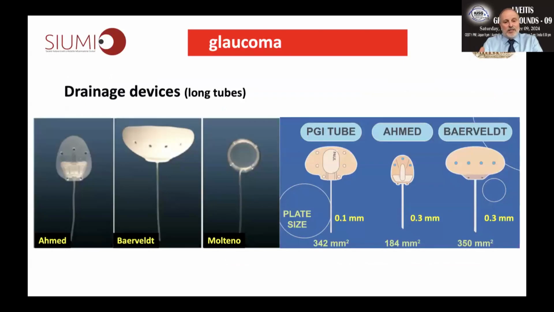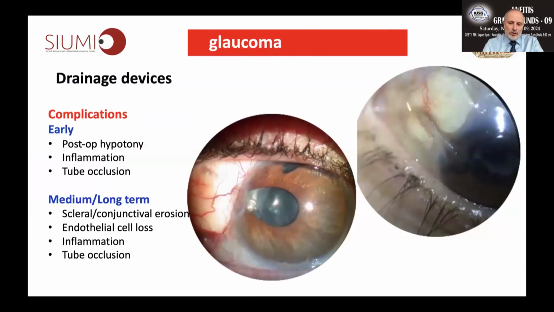And if you need to lower the pressure to the low teens, you can think about a long tube, or drainage devices. There are many on the market, and although they are very useful, don't forget that we are treating young patients with a very good immune status, so they can have inflammation related to the position of the tube, and especially scleral erosion, as you can see on the right side of the slide.